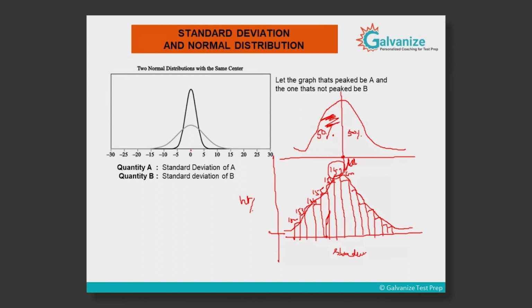Mean is taken to be 0 without loss of generality, not a practical application, but for the problem's sake, this problem has been given. As you can see, there is a minus 15, 15. There is a range of 15 units here, whereas here there's a range of 5 units, right? So the standard deviation of B is more, and so B is greater than A, just by looking at this curve that's given here.